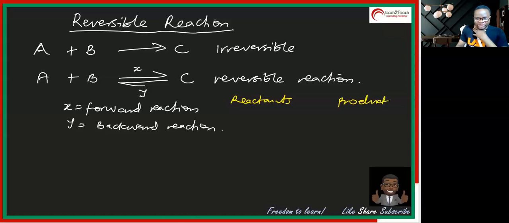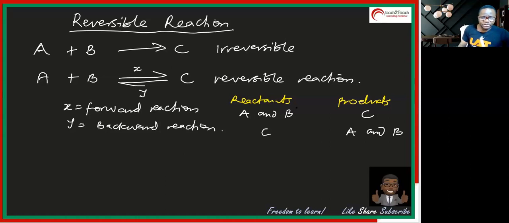For the first reaction, the forward reaction, my reactants will be A and B, but my product will be C. But for the backward reaction, my reactant will be C and my products will be A and B. Can you see that? So that tells us that this reaction is a reversible reaction.